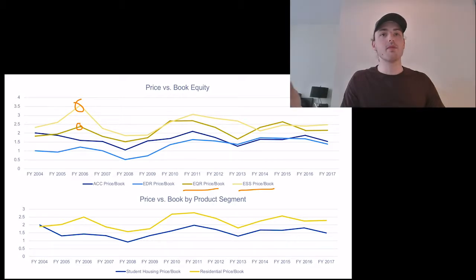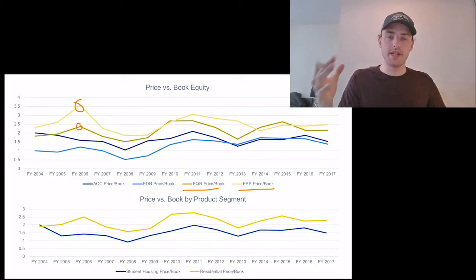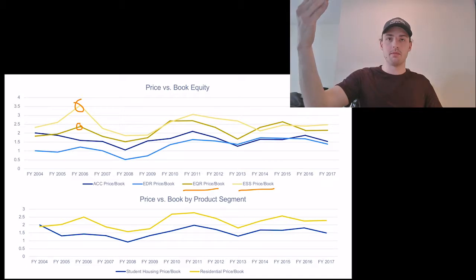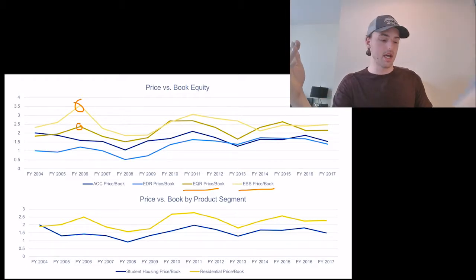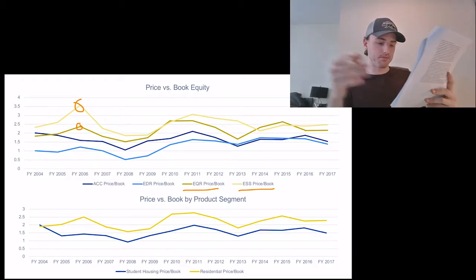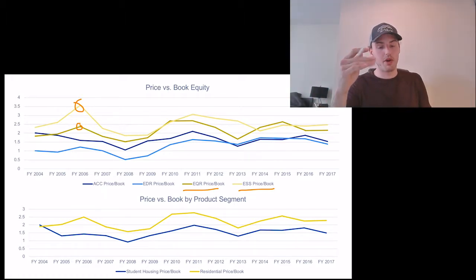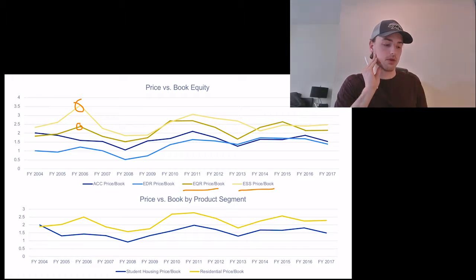You don't need to worry about tenants. The REIT is taking care of that stuff. So it would be reasonable to expect that you'd pay a small price to book premium for these additional services that people are providing. But I'd say small. We're not talking multiples of price to book.